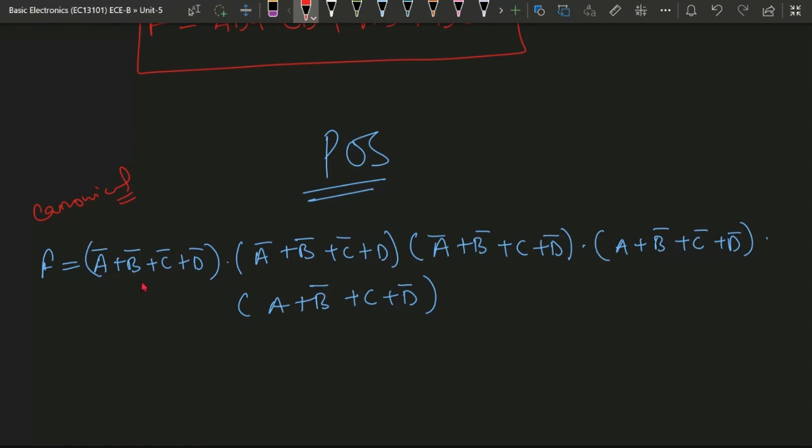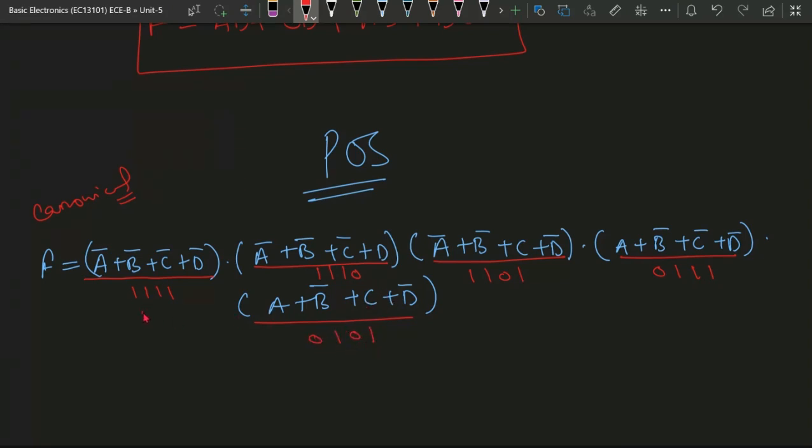After that, we need to do the grouping. For doing the grouping, we need to identify their max terms. So it is A bar, B bar, C bar, and D bar. What does it indicate? It indicates 1 1 1 1, this indicates 1 1 1 0, this indicates 1 1 0 1, this indicates 0 1 1 1, and this indicates 0 1 0 1.